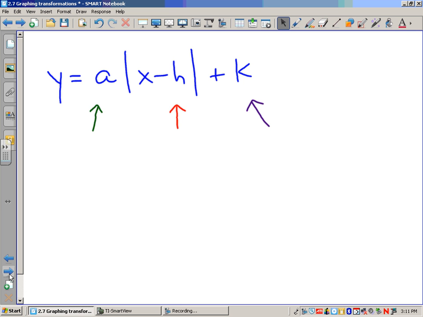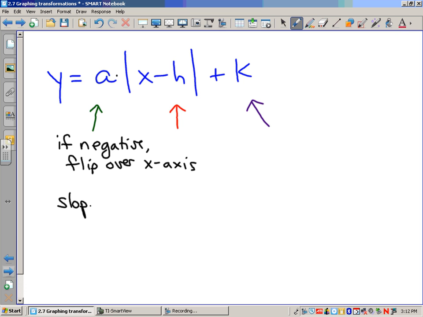So to simplify: the number out in front, if it's negative, is going to flip over the x-axis. If it's a number, it's going to be your slope.